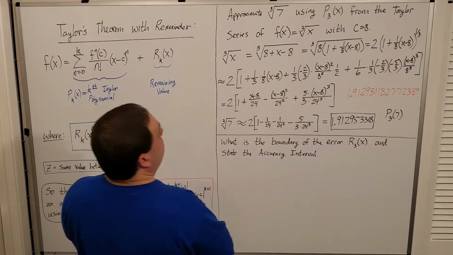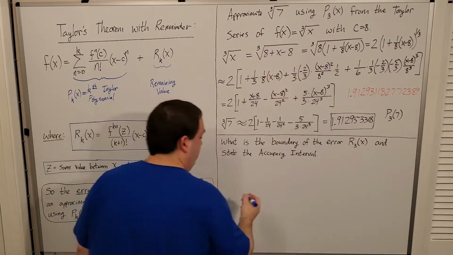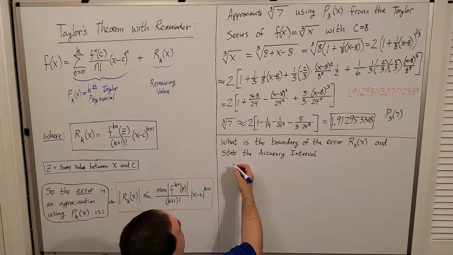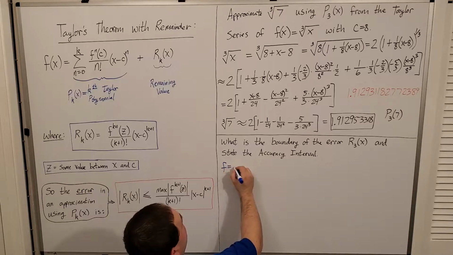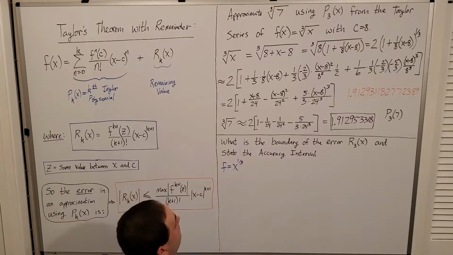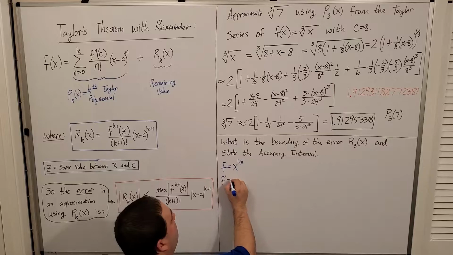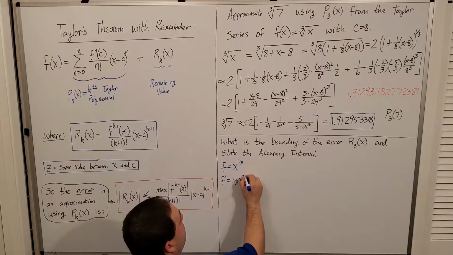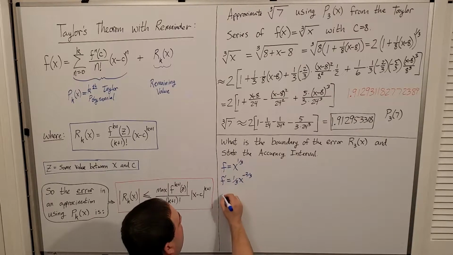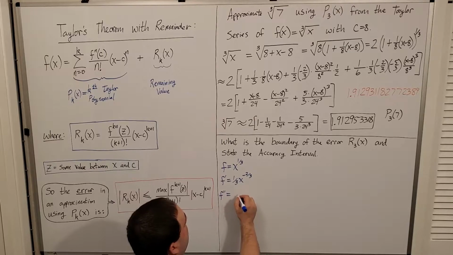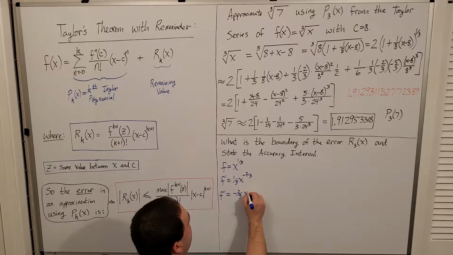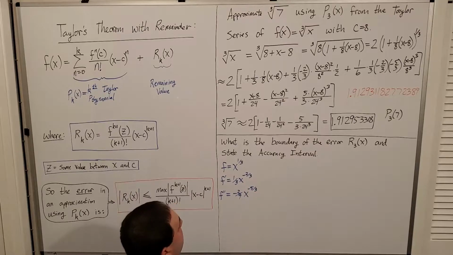My function, f of x equals the cube root of x. So let's start there. f is x to the 1/3. So f prime is 1/3 x to the negative 2/3. f double prime is going to be negative 2/9 x to the negative 5/3.